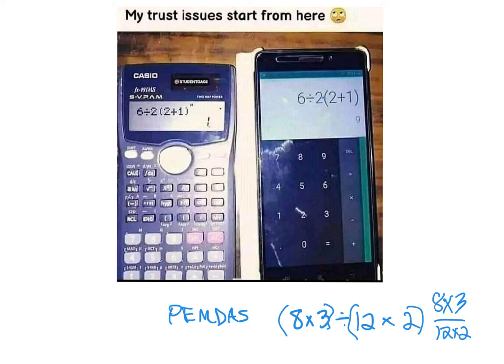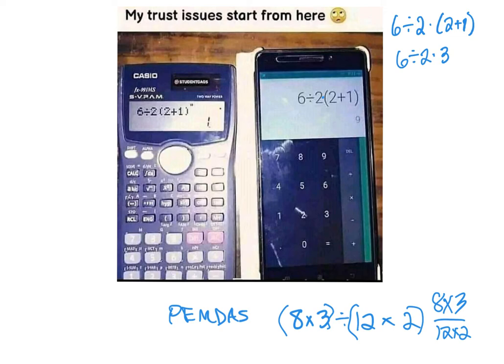So on either of these screens, it would mean that we're doing 6 divided by 2, then timesing that by 2 plus 1. And PEMDAS says actually to do the parentheses first. So 6 divided by 2, and the multiplication symbol would stay the way it is. 2 plus 1 is 3.